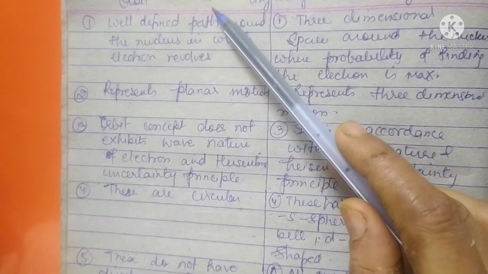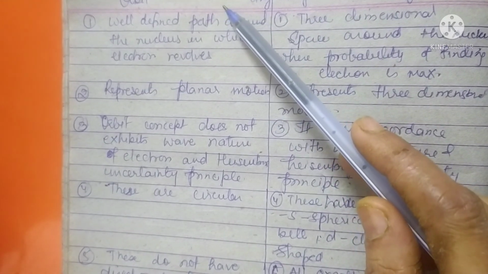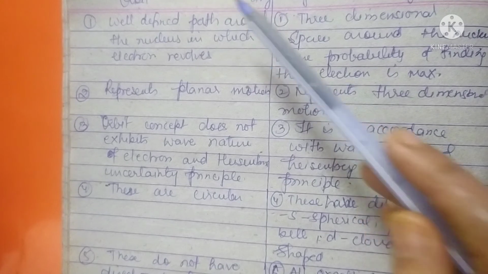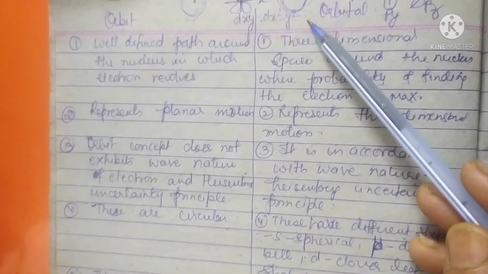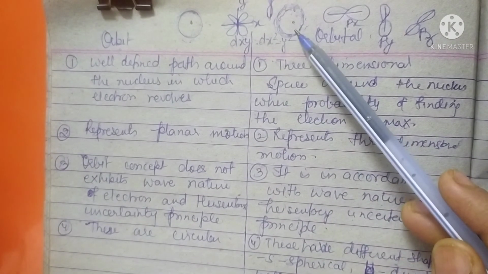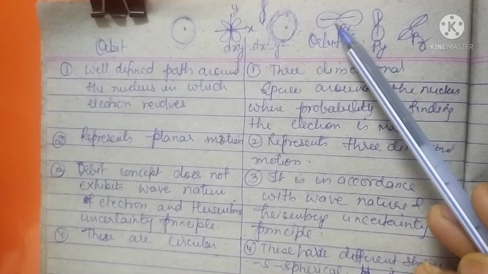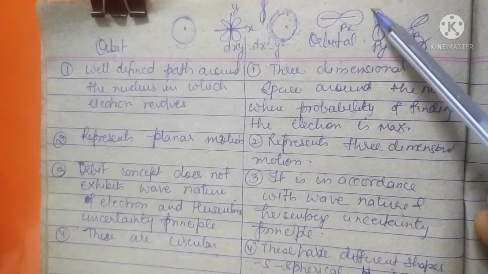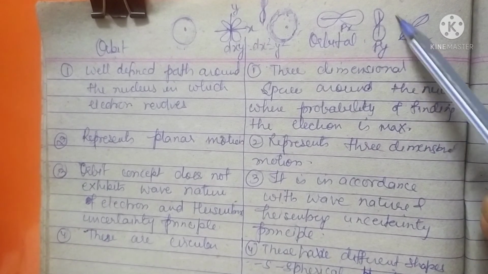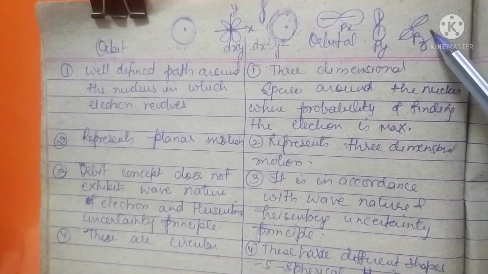The next difference is that the orbit which we have drawn is circular, meaning it has a definite shape around the nucleus, whereas in case of orbitals there are various orbitals. The s orbital is spherical in shape, the p orbital has a dumbbell shape; if it is oriented along the x-axis it is the px orbital, along the y-axis it is the py orbital, and similarly along the z-axis it is the pz orbital.